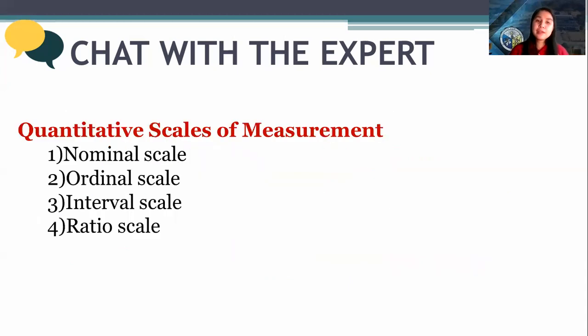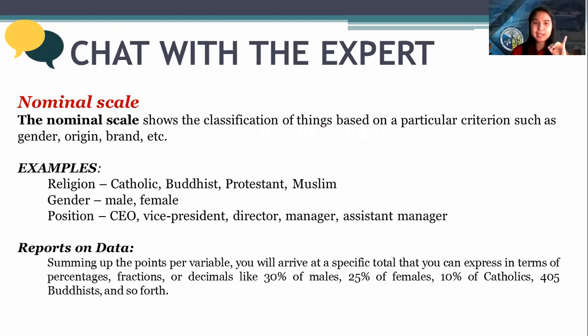Now, there are different quantitative scales of measurement. I discussed this in your stat class. It can be nominal, ordinal, interval, or ratio. In the nominal scale, these are criteria which are qualitative in nature.